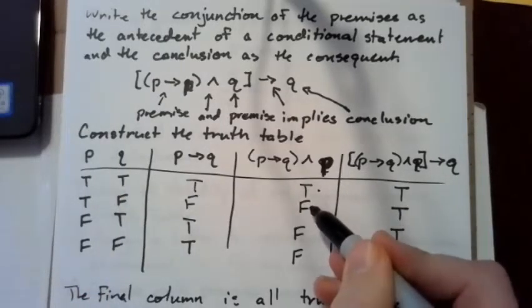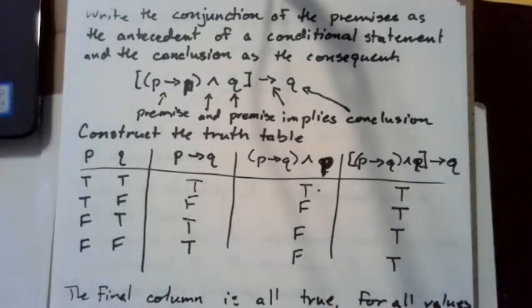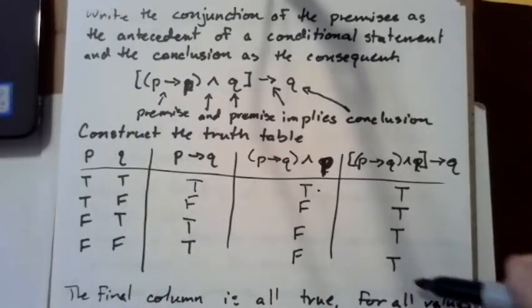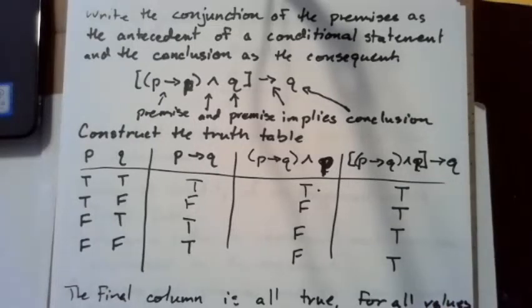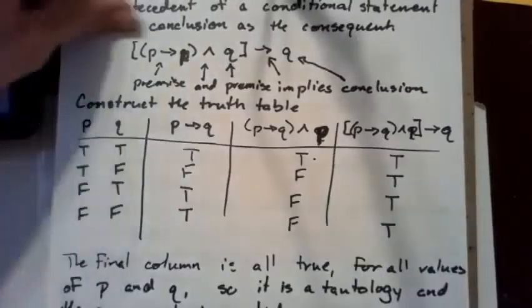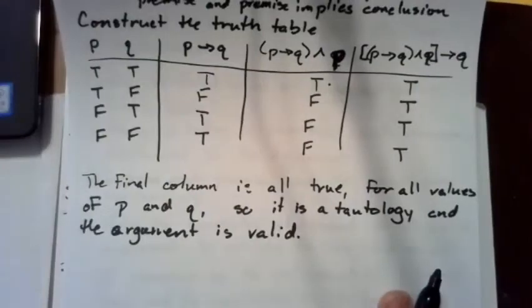Here the antecedent is false, and if the antecedent is false, this is always true. So I can just fill in true, true, true. This is a tautology. The final column is all true for all values of P and Q. It's a tautology, and the argument is valid. If you get a tautology in that last column, the argument is valid.